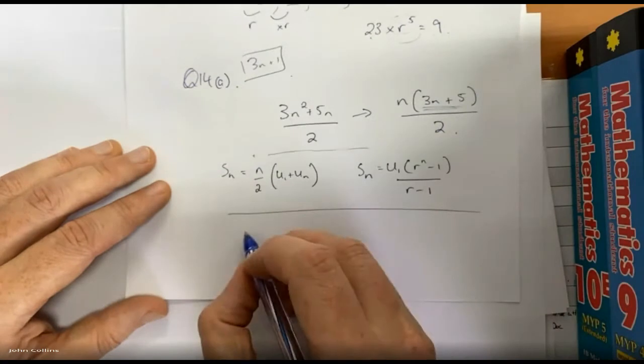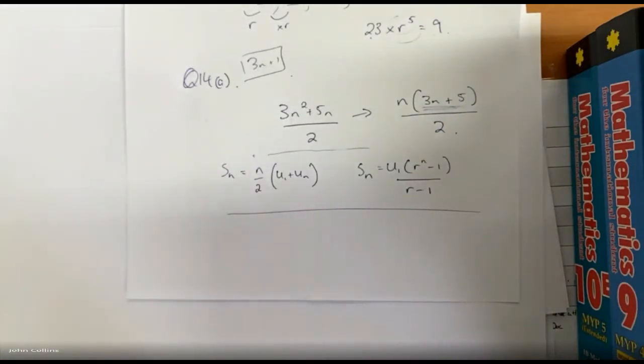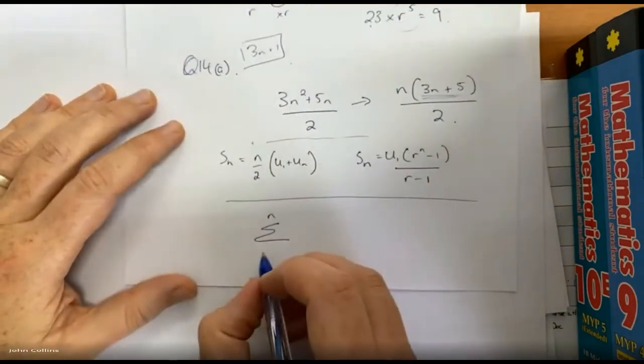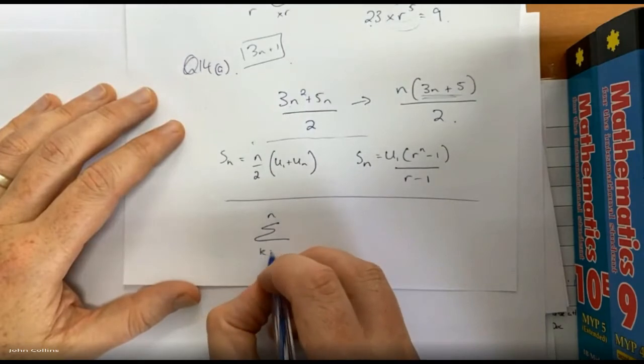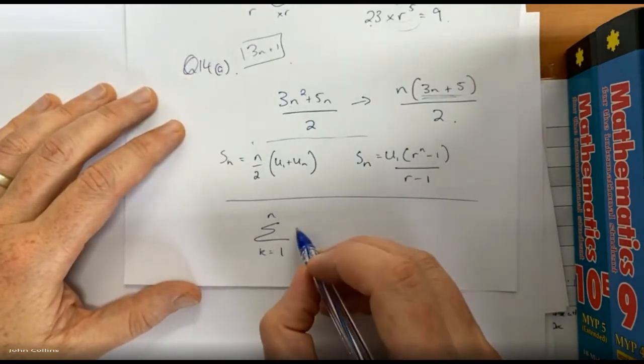So in general, oh, this is stumping me a bit. Sum of the first n terms in an infinite sequence. Is this making me use sigma notation? So the sum of the first n terms is equal to that.